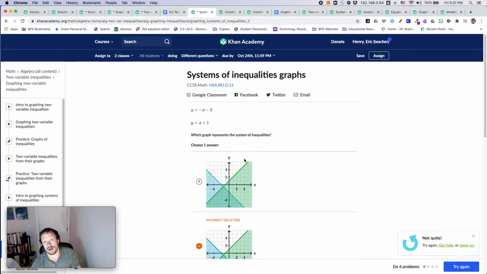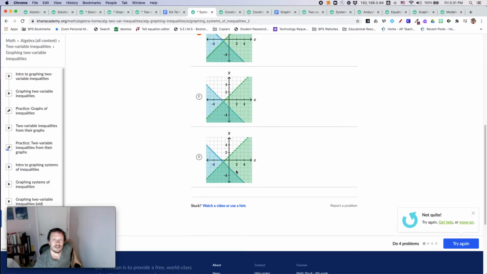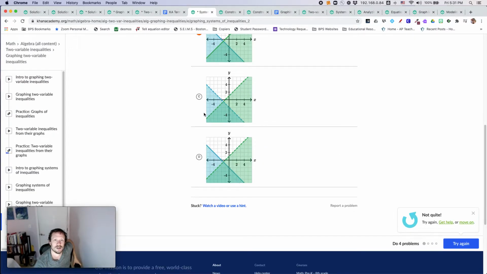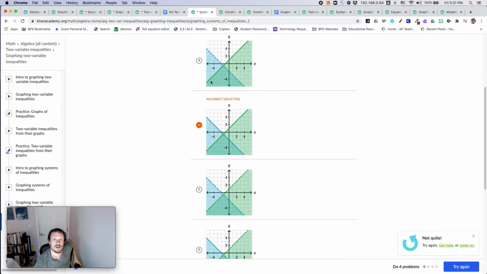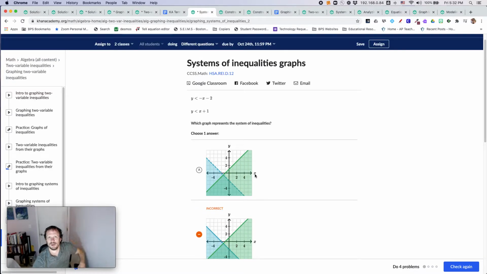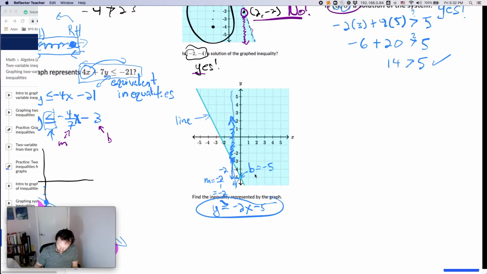You can, if you're quick, note, look at this, less than, that means dashed line, less than, that means dashed line, not dashed, not dashed, not dashed, eliminated. A, B, and D all right away, and we know the answer has to be C. So we can do it that way, but let's, just for a little bit of practice, do the problem.